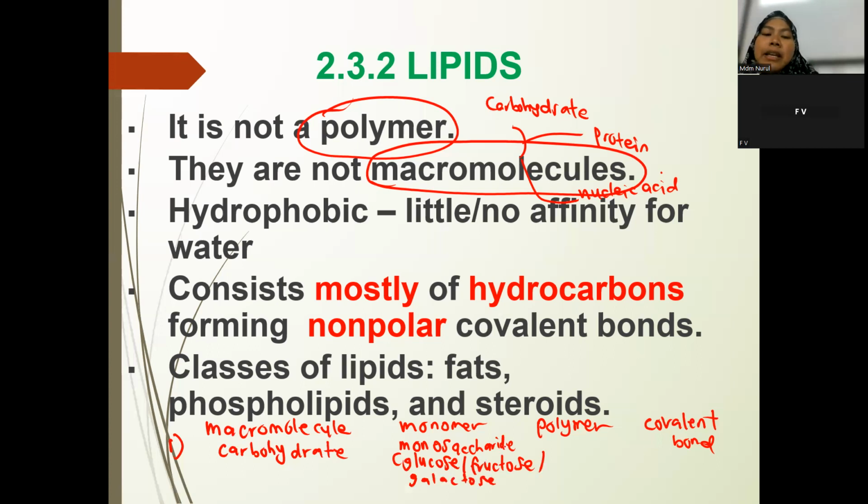So carbohydrate is made of monosaccharide like glucose, fructose, or galactose, and they are going to form a polymer. Glucose plus glucose plus glucose becomes polysaccharide. Glucose joined to glucose by a covalent bond called glycosidic linkage.